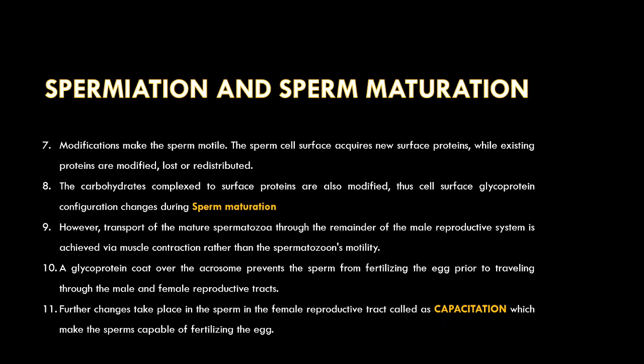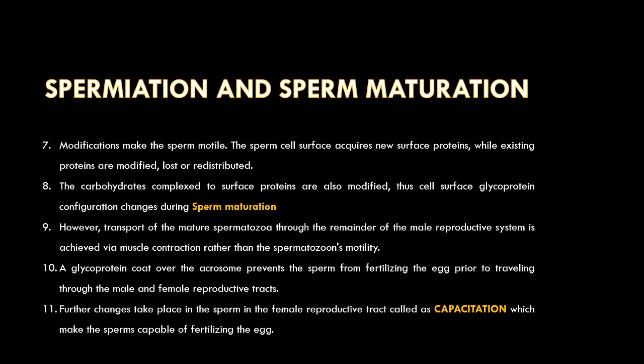They are transported by the muscle contractions of the reproductive tract. At this point of time, the sperm still have a glycoprotein coat over the acrosome, which prevents the sperm from fertilizing the egg. Once the sperm enters the female reproductive tract, further changes take place, which are called capacitation, which makes the sperm capable of fertilizing the egg.